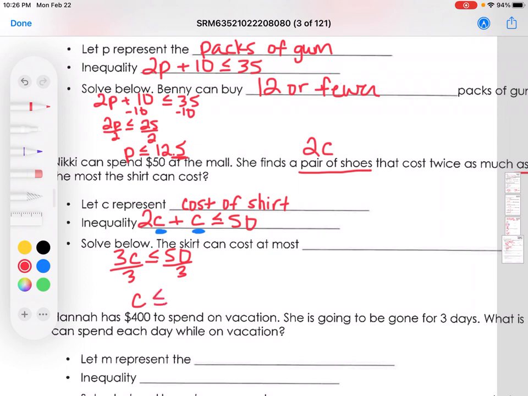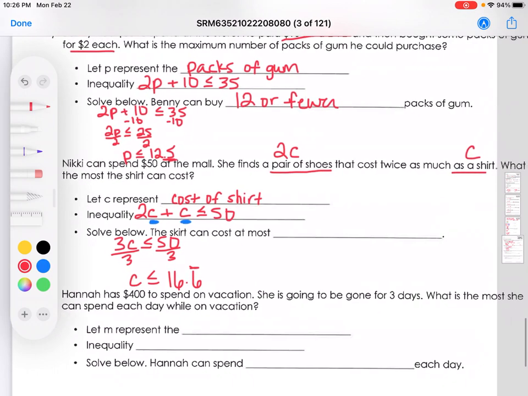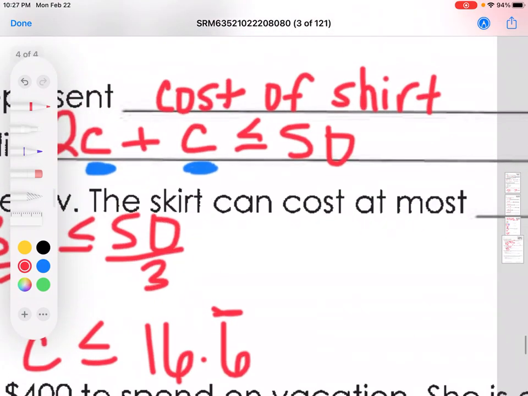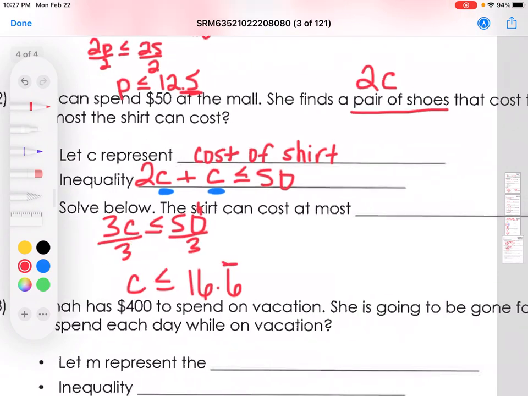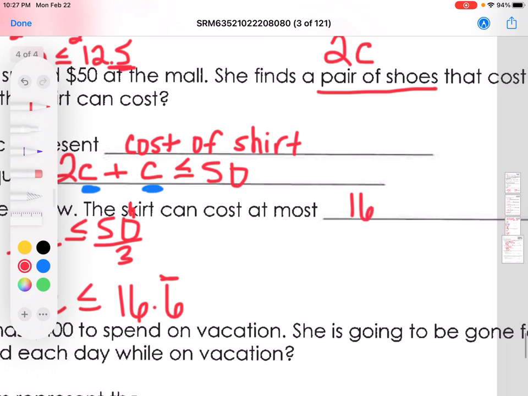So that tells me the cost of my shirt must be less than or equal to 16.6 repeating. But I can't have repeating decimals with money. So the most that a shirt can cost would be $16.66.